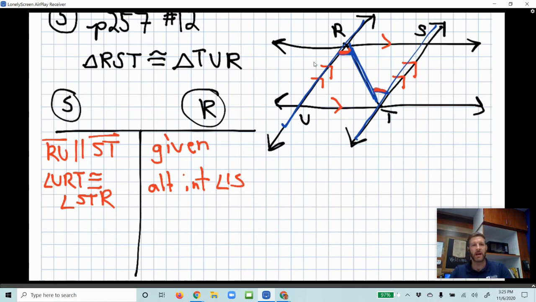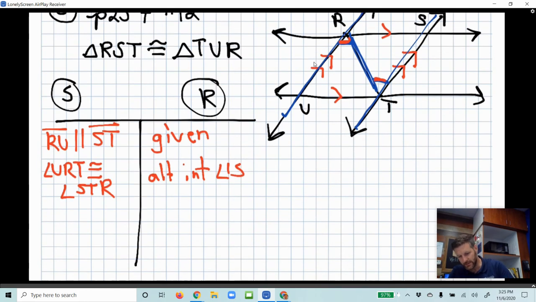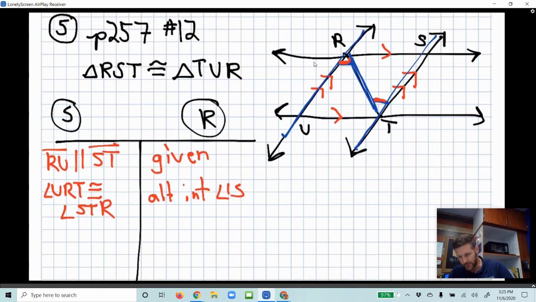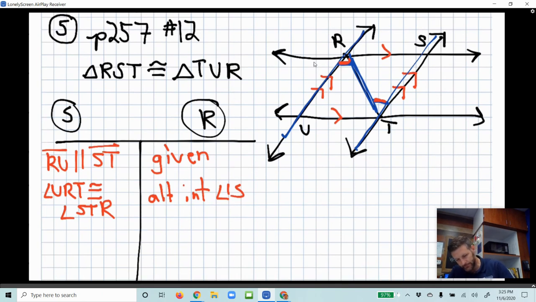Okay, so now let's see. Oh, there's actually two sets of parallel lines. I'm going to have to scroll up just a little bit, see if we can squeeze this in here. And we can see that RS is parallel to UT. That is given, that was in the drawing.